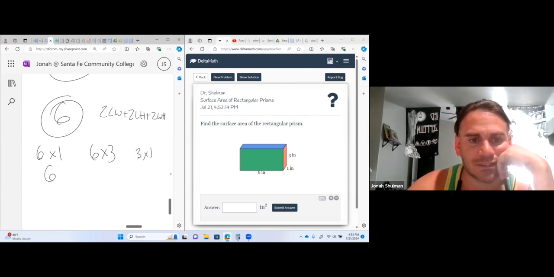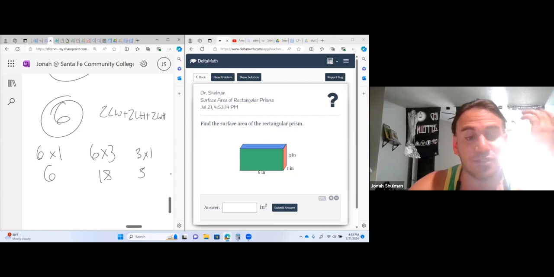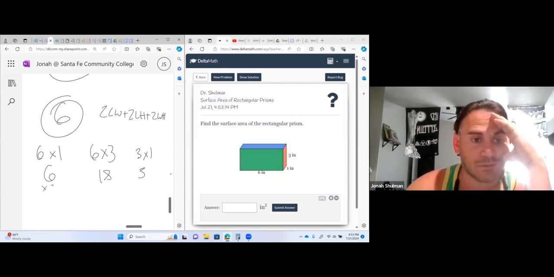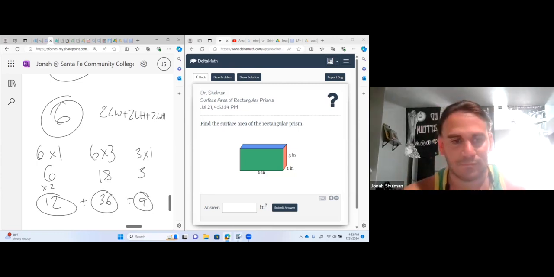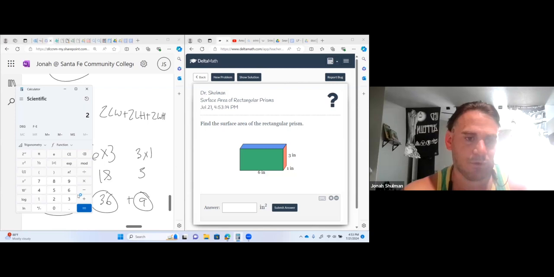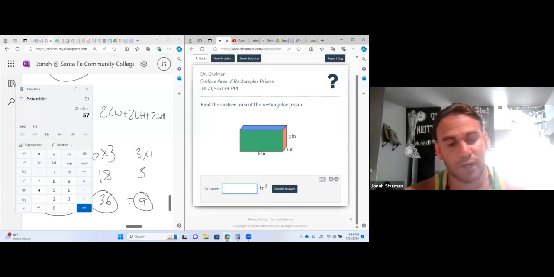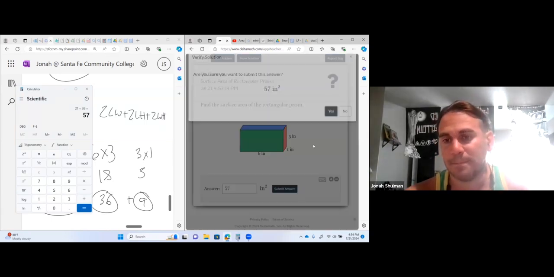So I have 6, 18, and 3, and then I just double them. So I got 12 plus 36 plus 9. 21 plus 36 is 57. Notice that this is not cubed, it's squared because it's got them together.